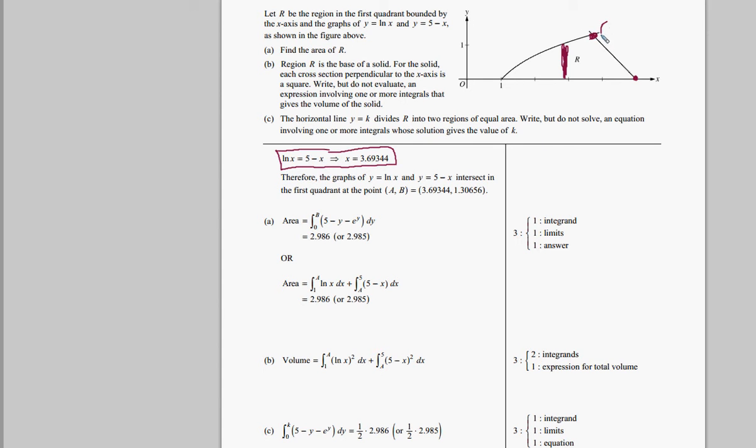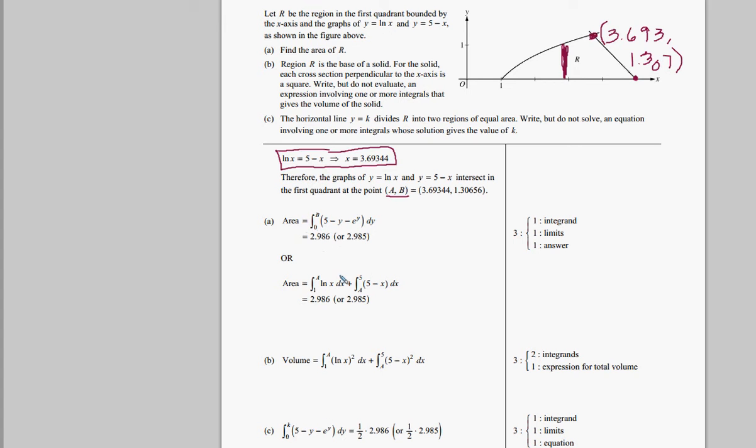So you know that this point out here is 3.693, comma, and then your y value is 1.307. And what they did to kind of keep it simplified throughout the problem is they denoted that to be a and b throughout the whole problem. So you can use a and b as your limits in the rest of the problem.